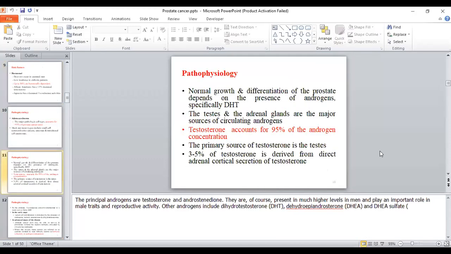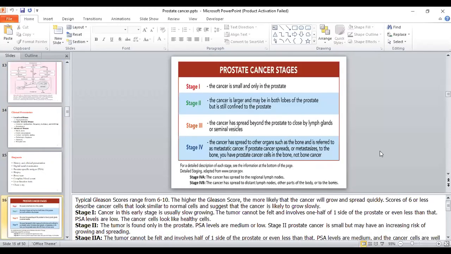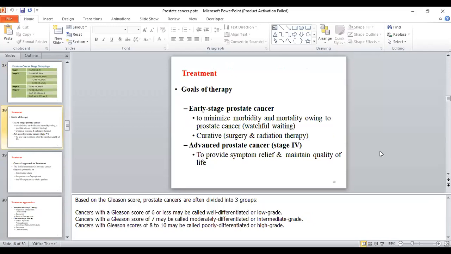I really wanted to show that part. I don't know how I skipped it. Can you see this one? I forgot to include it. A Gleason score of 6 and less is well differentiated, low grade. If the score is 7, we call it moderately differentiated or intermediate grade, meaning there is slight similarity.